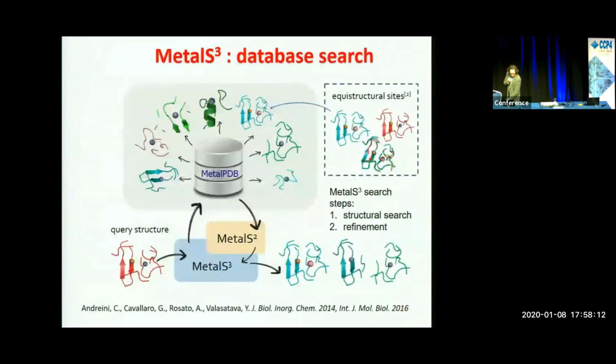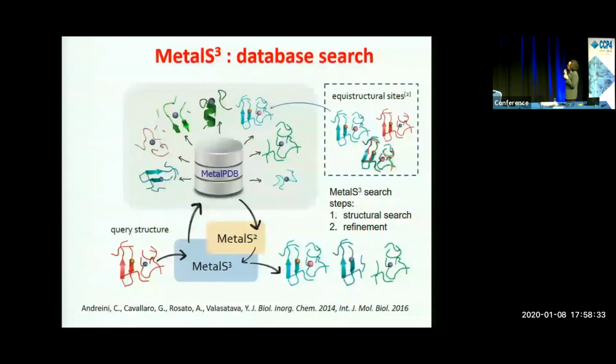And just briefly, I want to mention another tool that we use. So we have a database, we have an algorithm to compare pairs of metal sites. So of course, the next thing we did was to make it into a tool to browse the database. So now you can upload a new PDB structure.